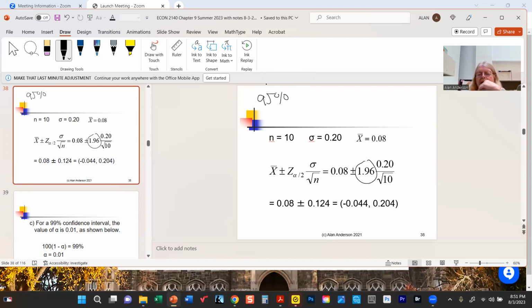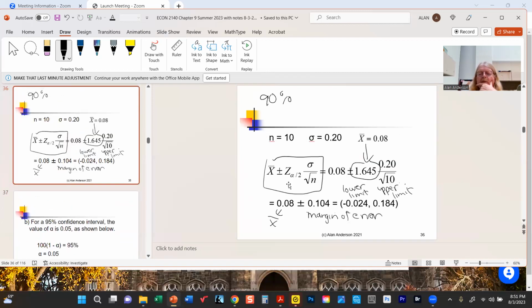And as a result, the margin of error actually increases from 10.4 to 12.4%. And because of that, the interval gets a little wider. We have to include more values in order to be more confident. Okay, so that's an important thing to remember.